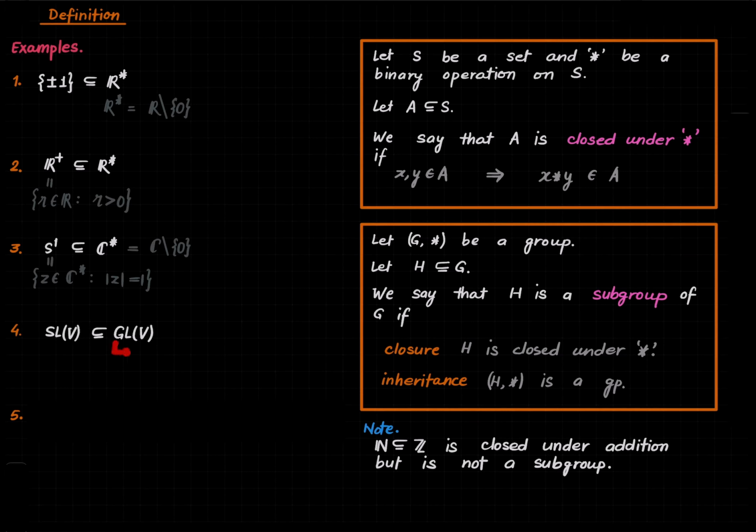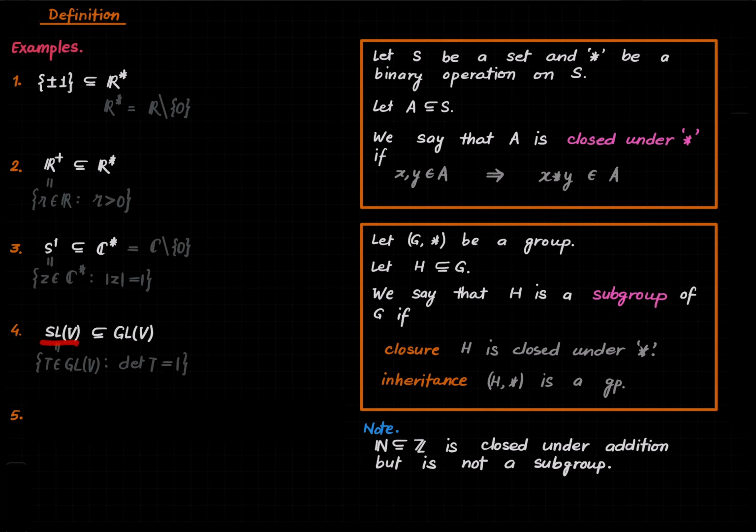So this time we have this as our group with the composition of endomorphisms as your binary operation. This is a group, we know. The same group operation restricts to make this into a group. So SLV is of course a subset of GLV. What is SLV? SLV is those things in GLV with the determinant 1. What is GLV? GLV is all the invertible linear endomorphisms of the vector space V. Just recalling.